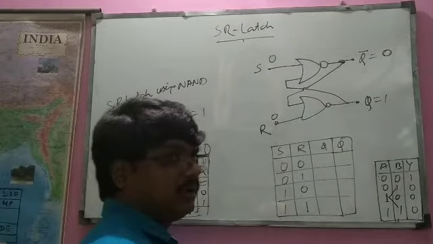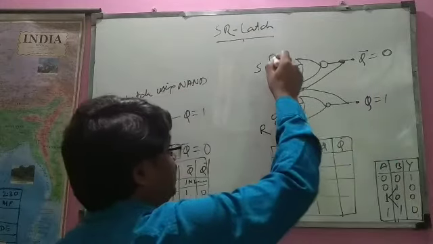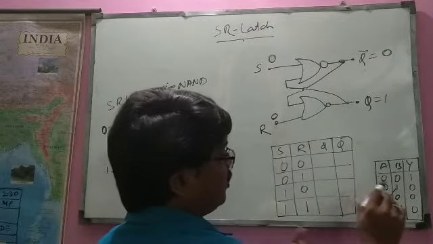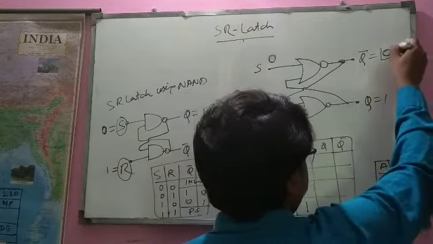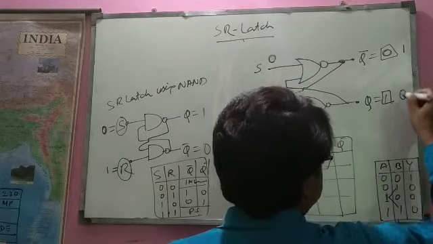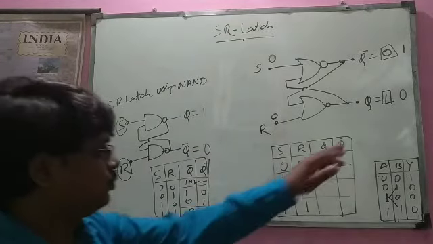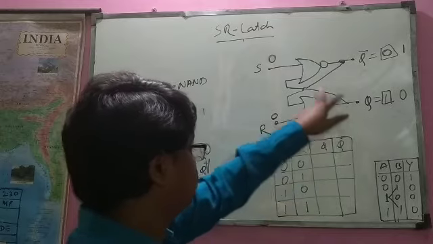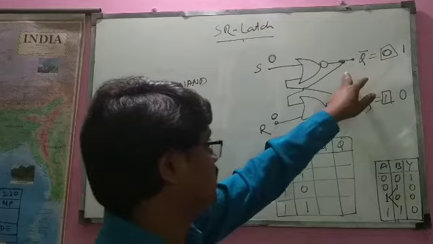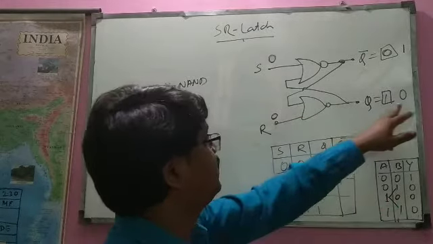If this input is 0 and this is 1, and the inputs are 0 0, it will remain in the previous state. Now leave it and take the opposite. Let us suppose this is 1 and this is 0, and now verify the input. Both inputs are 0, the output will be 1. So this is 1 and this is 0, 1 0 1 0, the output will be 0.